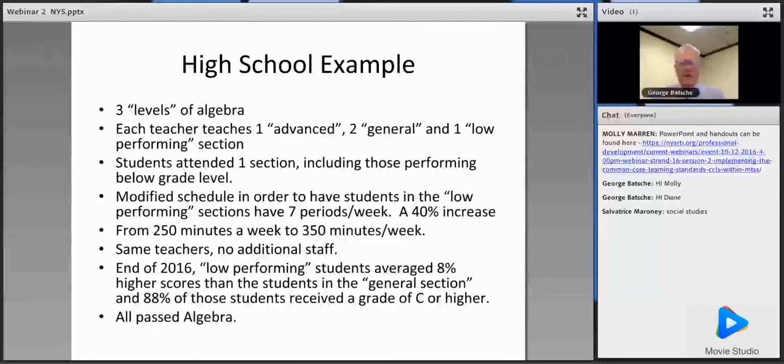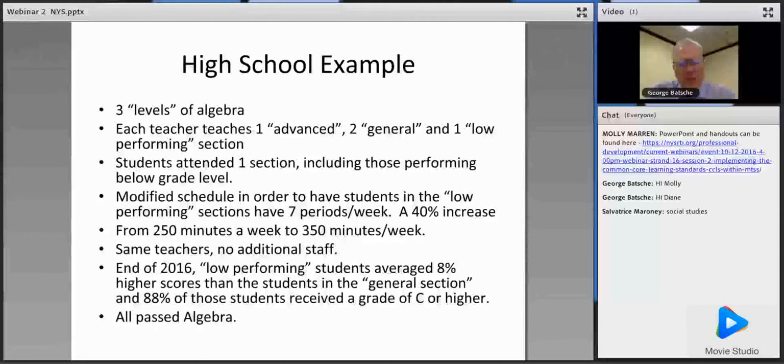Because we were working with them around academic engaged time, our first intervention, if you will, or instructional modification for struggling students is to simply give them more time with traditional instruction in that instructional area. So we have to find the time. You saw how we found it in the elementary schedule.